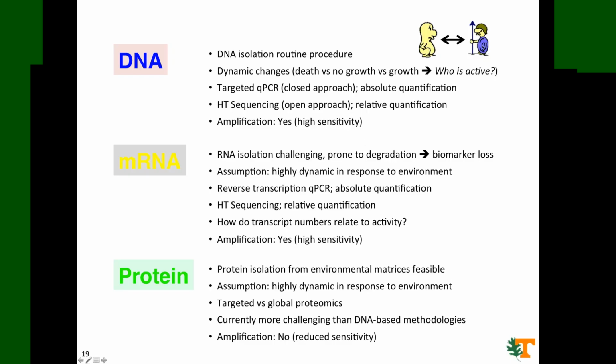For example, if Dehalococcoides biomarker numbers increase over time, it means that the organism is active because it can only degrade the contaminant you're interested in. It can't do anything else. So an increase in cell number means it's active.